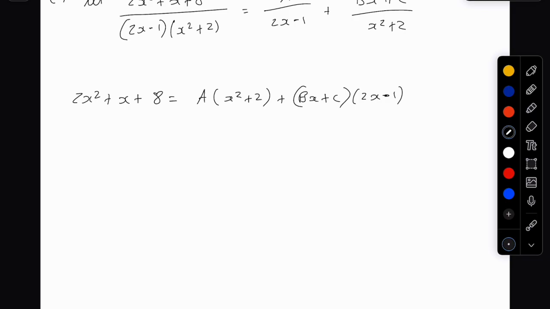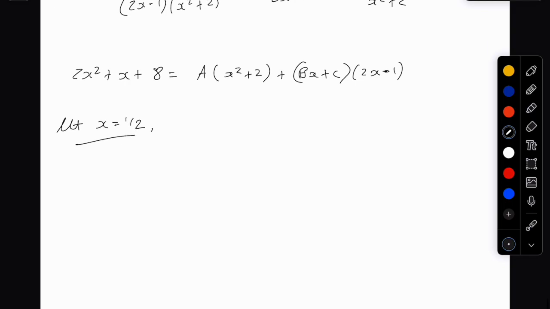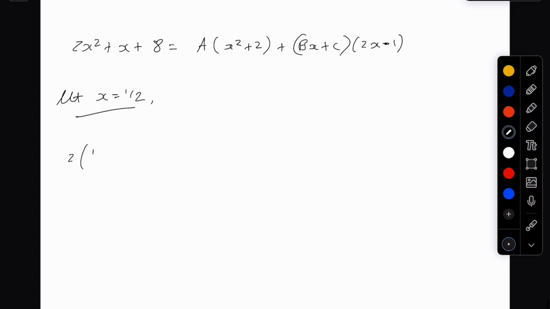We're going to isolate the A here by saying, fine, let x equal a half. Now, if x equals a half, what we get is 2 times a half squared plus a half plus 8, which is equal to 9 over 4 A. Okay, cool.